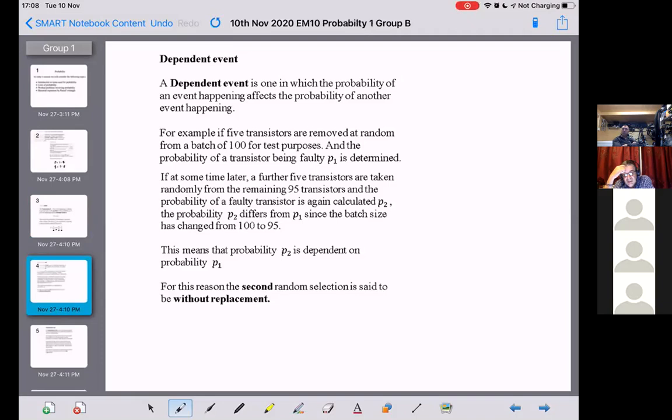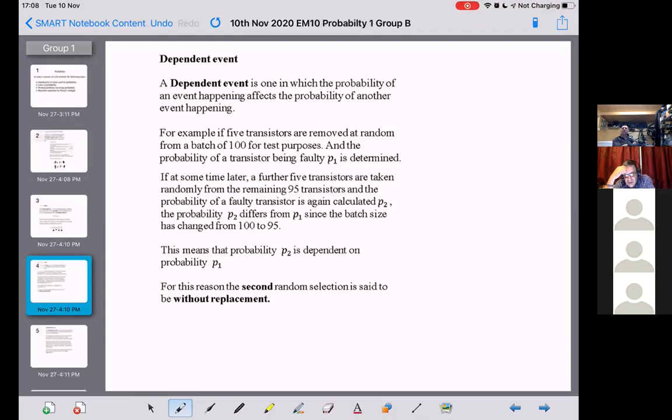If at some time later, a further 5 transistors are taken randomly from the remaining 95 transistors, the probability of a faulty transistor is again calculated, P2. The probability P2 differs from P1 since the batch size has changed from 100 to 95 because we took 5 out for the first test. So this means that probability P2 is dependent on the probability P1.